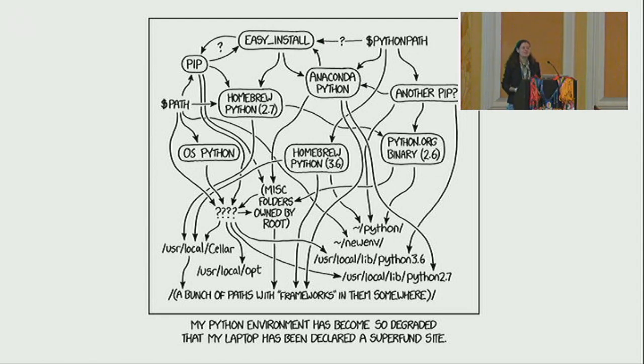The caption, for those who might not be able to read at the back, is, "My Python environment has become so degraded that my laptop has been declared a Superfund site." Yes, the one person who gets the US-based joke. But it's a big deal, and it really hurts us when we're trying to share our code with other people. So what can we do?